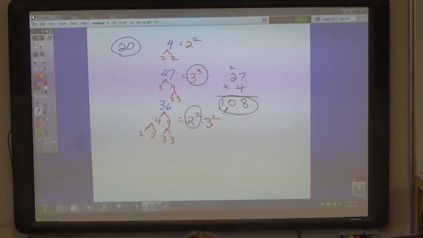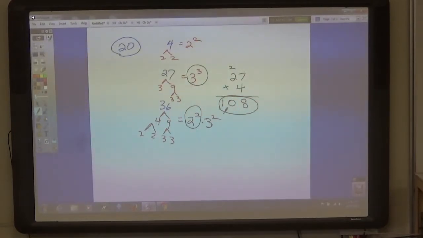Count by the numbers: 4, 8, 12, 16, 20. No, you only use the greatest power of each of the kind of factors. So there's 3s and there's 2s. That's it. But the 27 is 3 to the 3rd power, so we have to use that number.